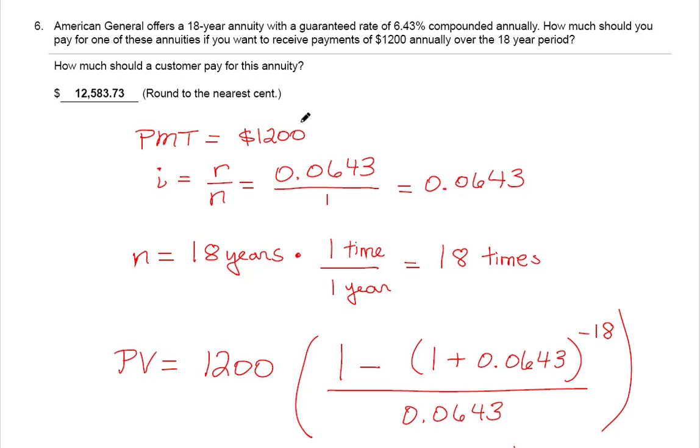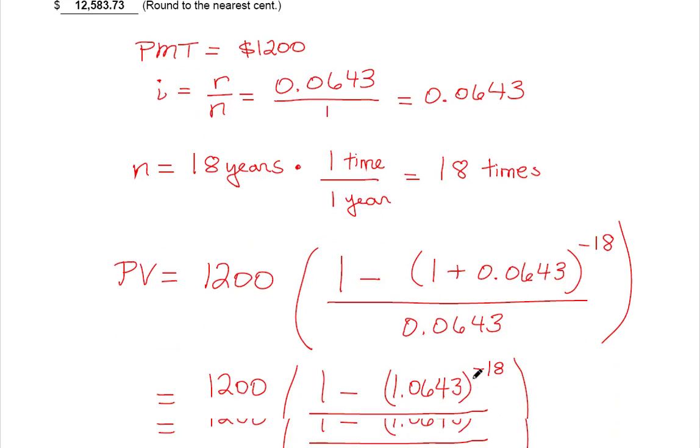So let's see, we want this payment. I is R over N. N is 1. How many payments total? Well, 18 years, but we do this one time per year. So 18 times.